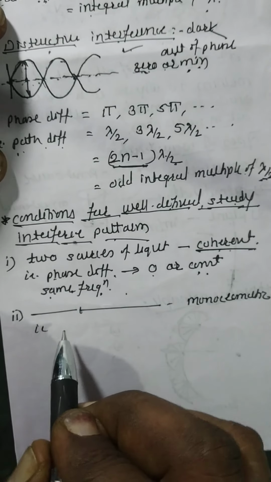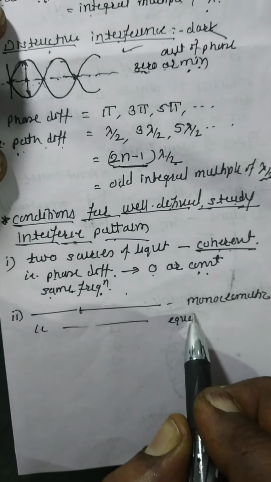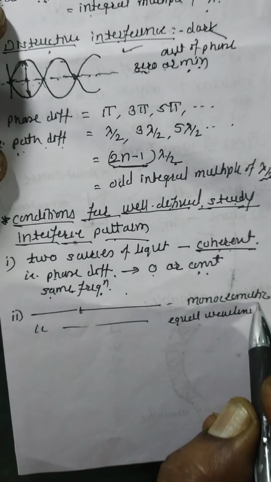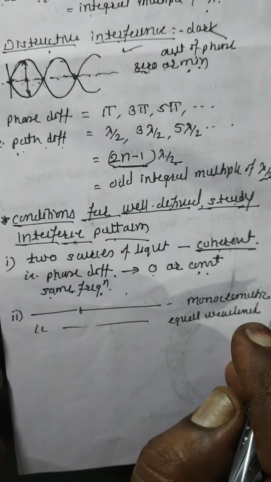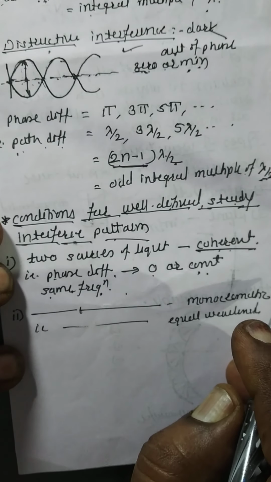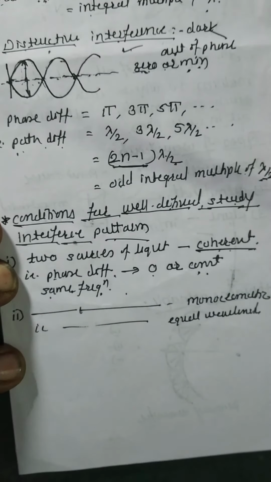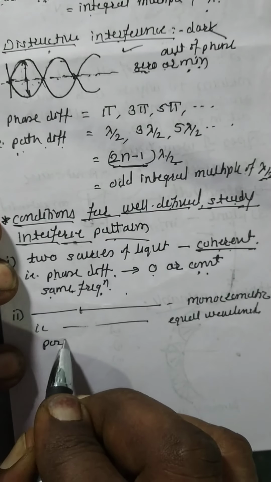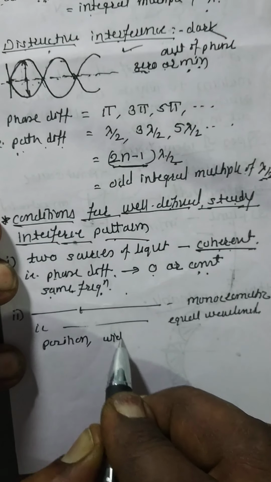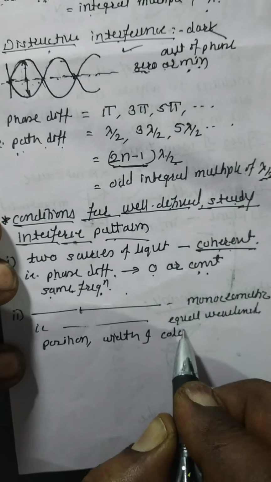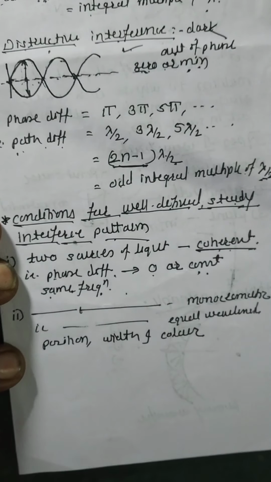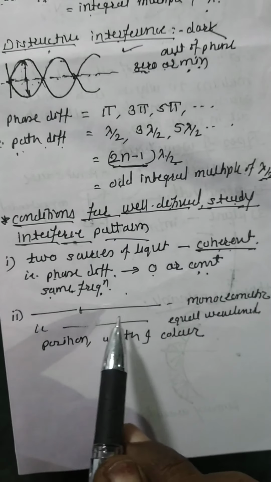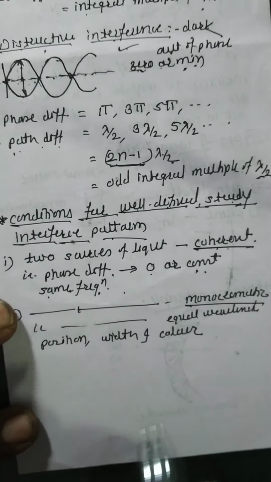That is, these sources produce waves having equal wavelengths, because the position, width and color of fringes depend upon the wavelength of the wave, and hence the two sources of light must be monochromatic.